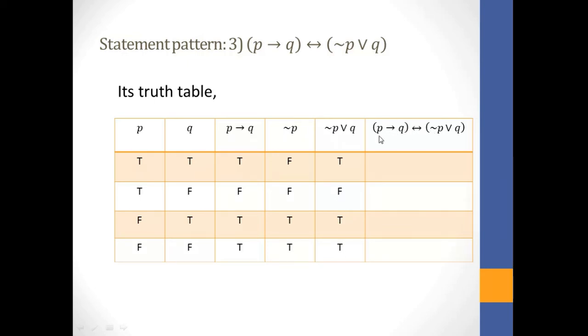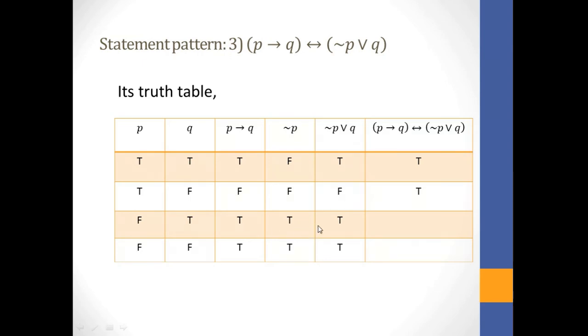Now the last one is P implies Q, double implies negation P or Q. See here, this double implication with this. So we have to see column number 3 and column number 5. T double implies T is always T. Then F double implies F is also T. Remember this.